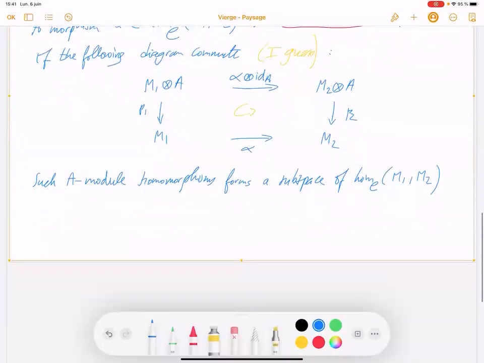This subspace of module homomorphisms is denoted as follows: Hom_A(M1, M2).